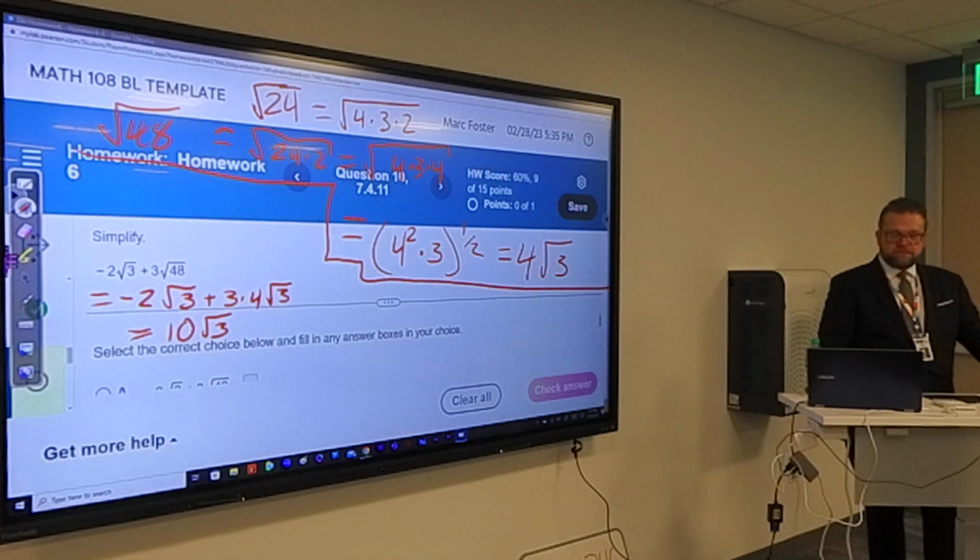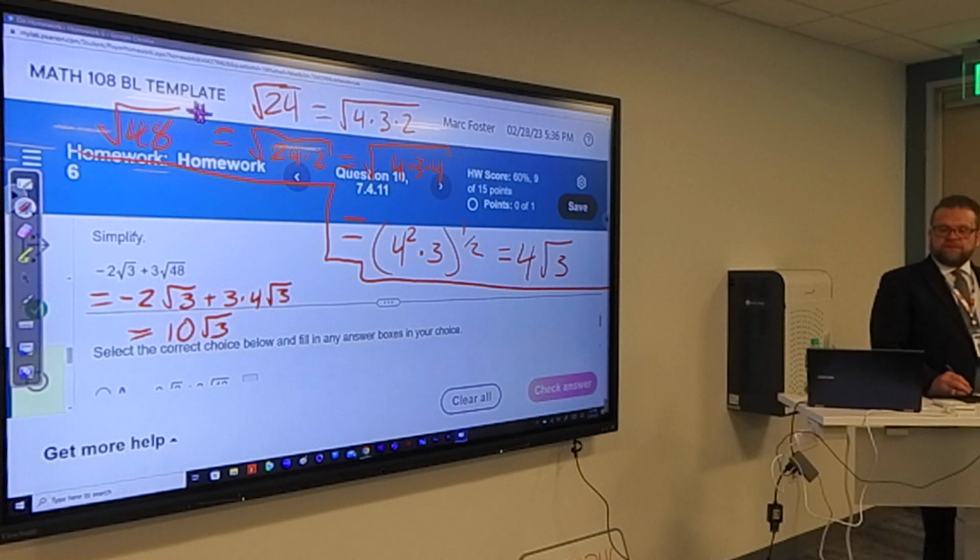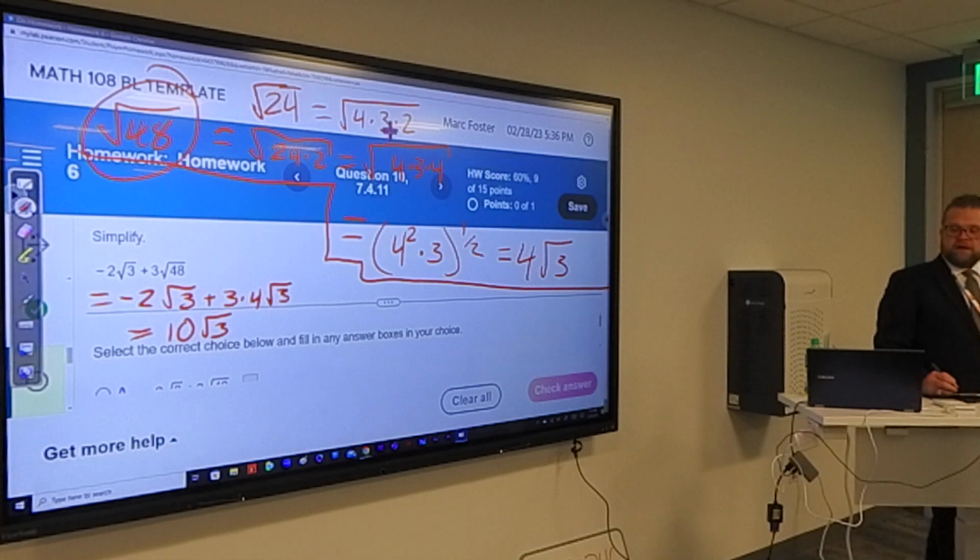That's not part of that radical 48. You want us to add the... It is? Trace this out. So we have square root of 48. 48 is 3 times 16, isn't it? That's what that says.